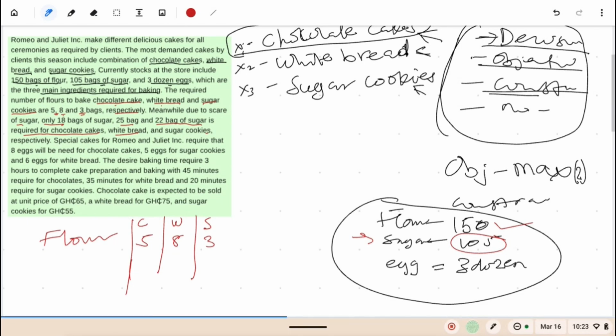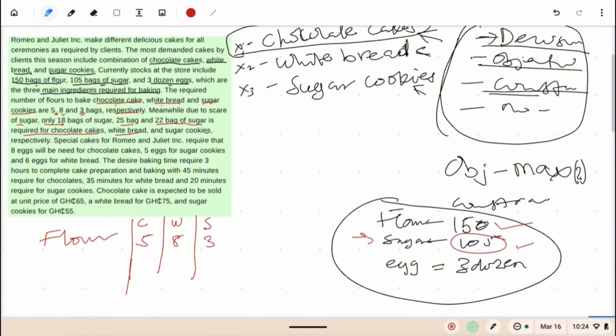Because the sugar is very scarce, they only apportion 18 bags for the chocolate cake, 25 for the white bread, and then 22 for the sugar cookies.